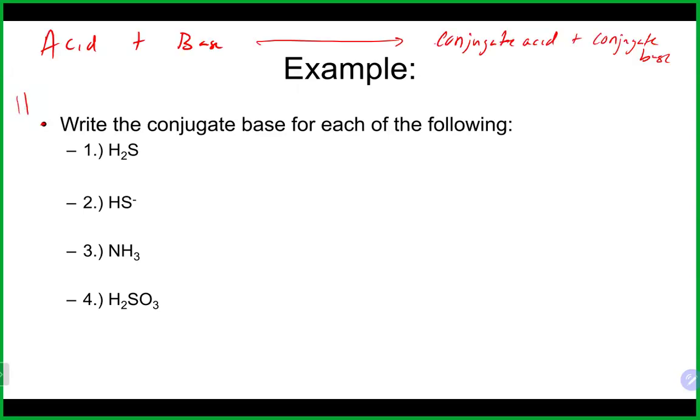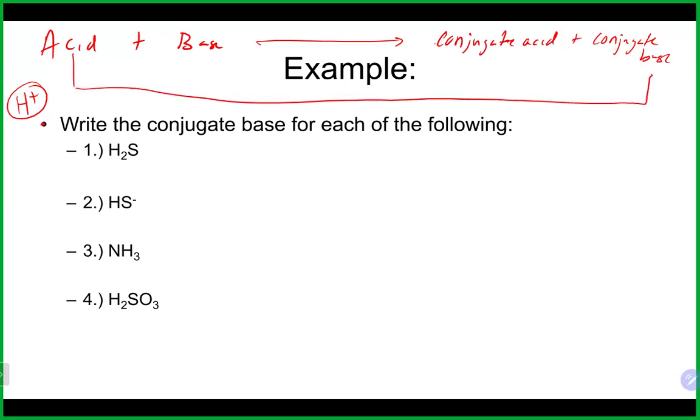Again, we're just really talking about H plus, and most people have the problem of should you put it on or take it off, and that's the question of what you should do. So this is where understanding the relationship between the acid and its conjugate partners comes into play. We know that the acid on one side, its partner on the other side should be the conjugate base.